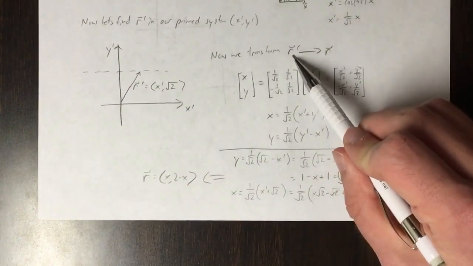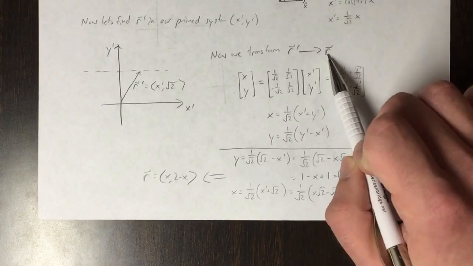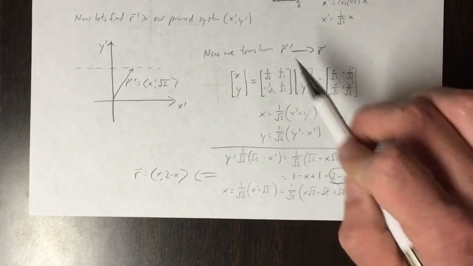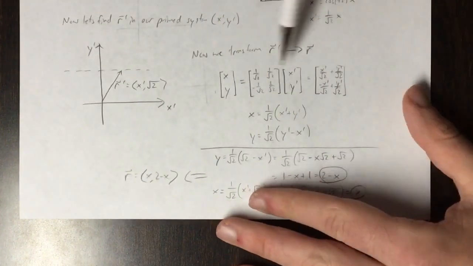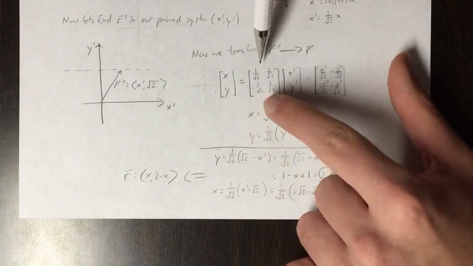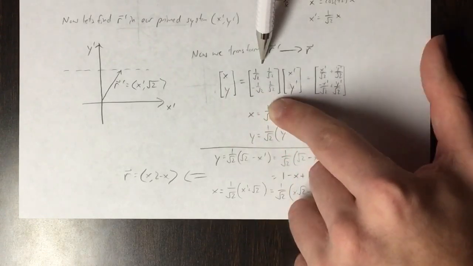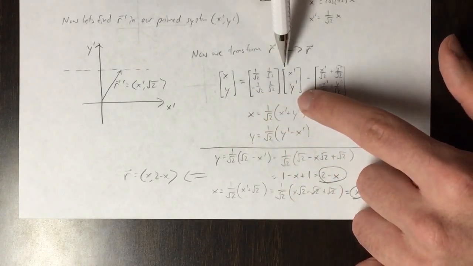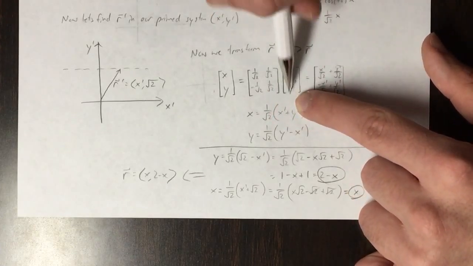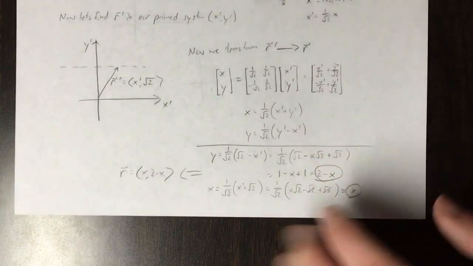So now we want to transform this r prime back to r, to the unprimed coordinate system. So here's how we do it. We'll use this linear algebra expression here, which says that this vector in the unprimed coordinate system is equal to this change of basis matrix, which will multiply this primed vector here.